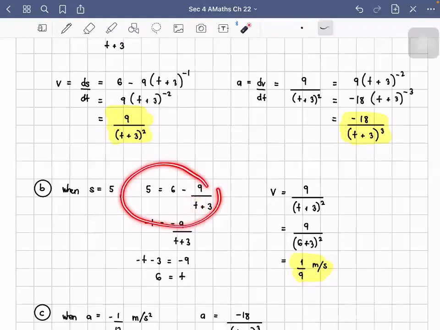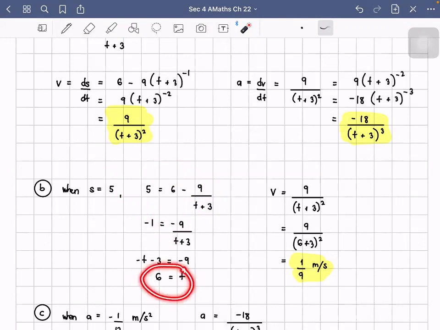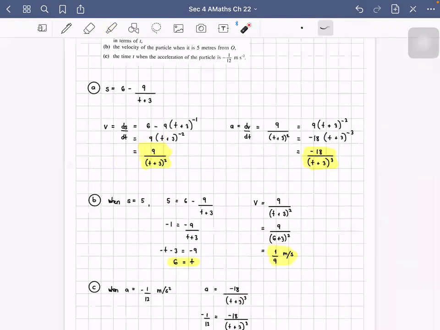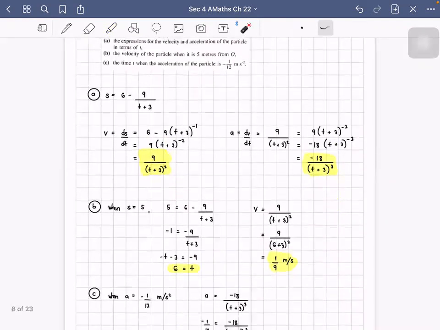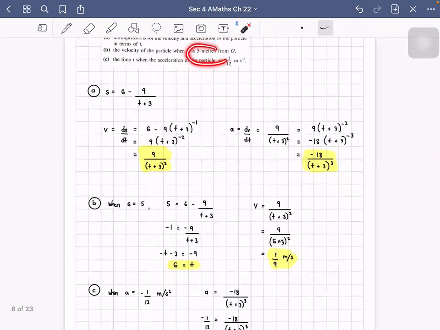So solving this, transpose it, it can become negative 1, and then cross multiply here, becomes negative t minus 3 equals negative 9. So therefore, t here is 6 seconds. Okay, so if the particle is 5 meters away from O, that means it took the particle 6 seconds to get to 5 meters.